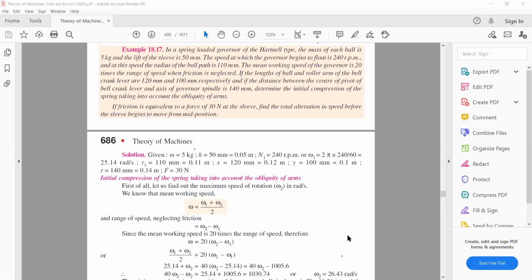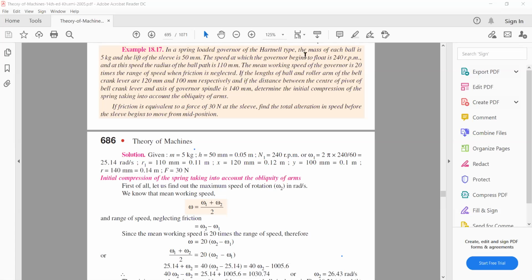Okay, two determining values are there at two conditions. All of you read the problem carefully. From the problem description, you will write the given values. So m is 5 kg, h equals sleeve lift 50 mm, which is also written in meters as 0.05 meters, and n1 equals 240 rpm.